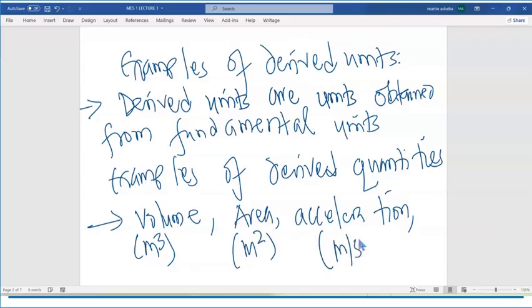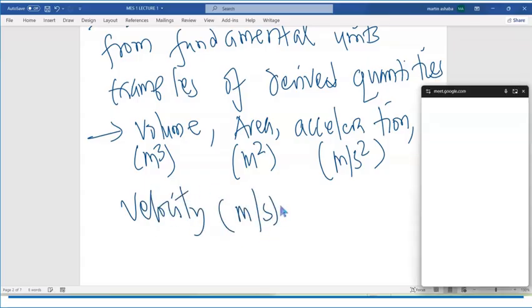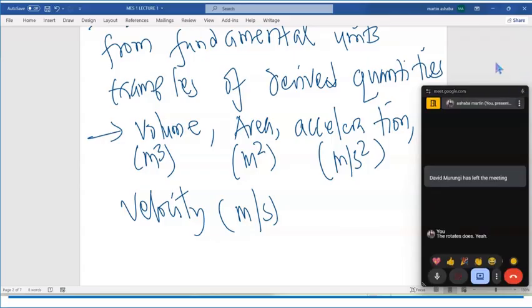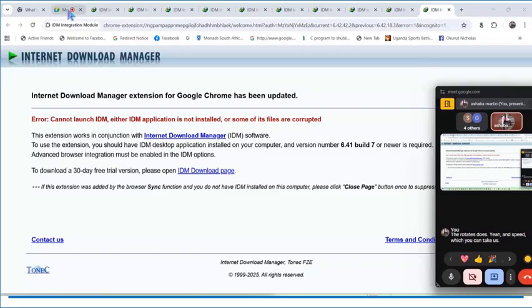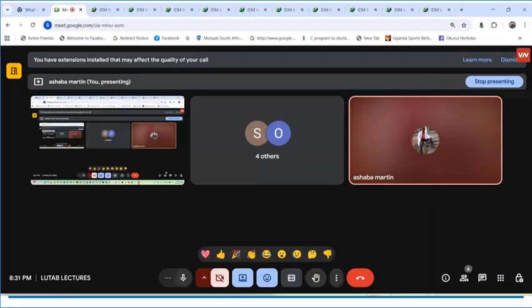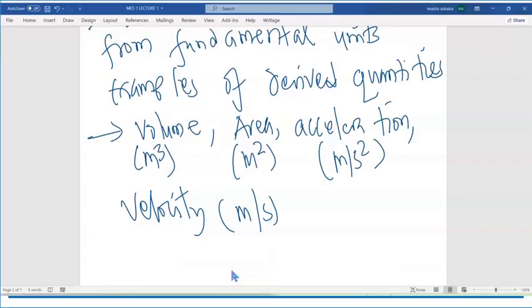Acceleration is meters per second squared. What else? You know velocity? Velocity is speed, in meters per second.